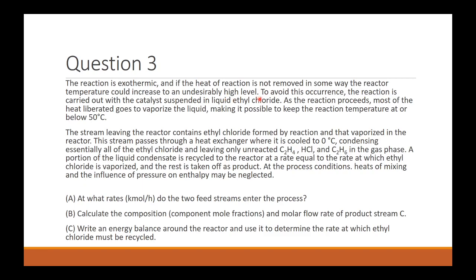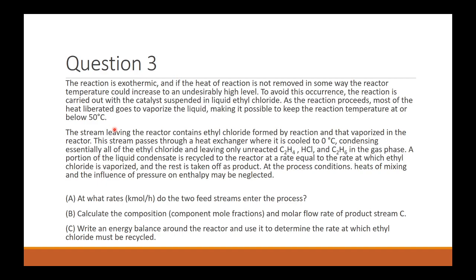To avoid this occurrence, the reaction is carried out with the catalyst suspended in liquid ethyl chloride. As the reaction proceeds, most of the heat liberated goes to vaporize liquid, making it possible to keep the reaction temperature at or below 50 degrees Celsius.